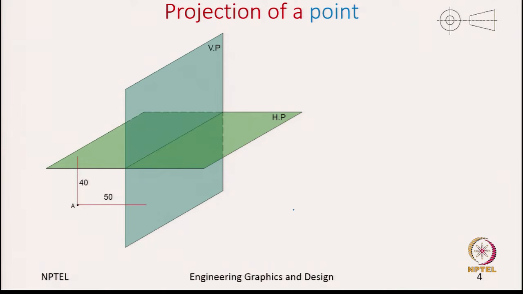For the front view we place the eye here, and for the top view we place the eye above the horizontal plane. By doing this we capture A prime, which is the front view, and for the top view we capture the point A, which are at distances of 40 and 50, which we already have seen in the previous slide.